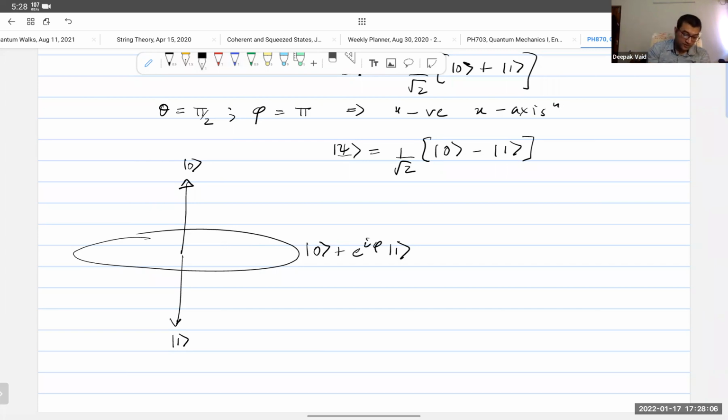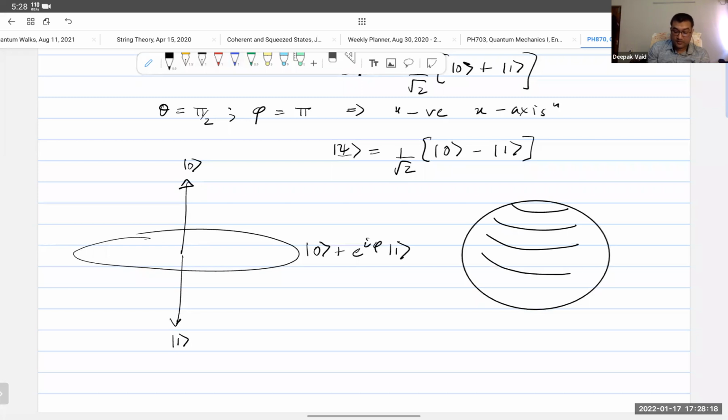Okay, right? So this is my ball, let's say. This is my sphere, and any point on the surface of the sphere represents my state, and I can take any trajectory. This state corresponds to psi t.